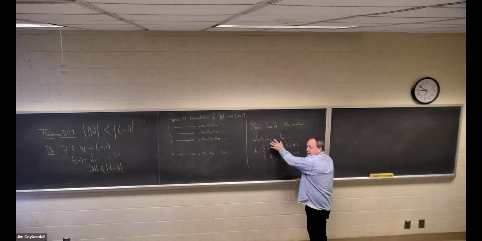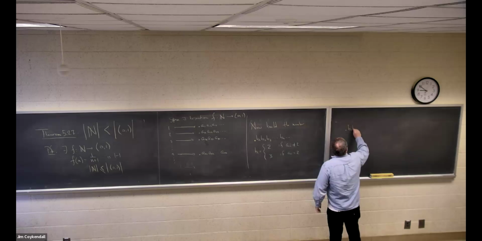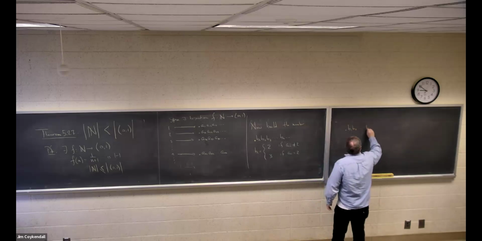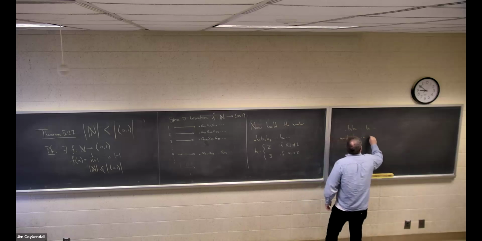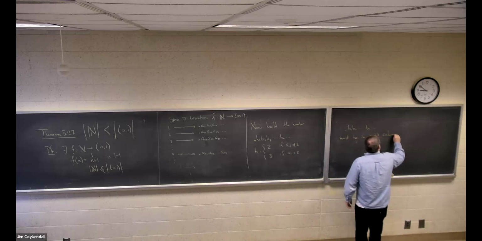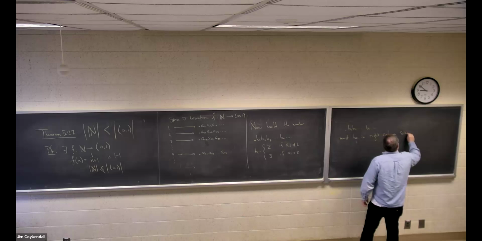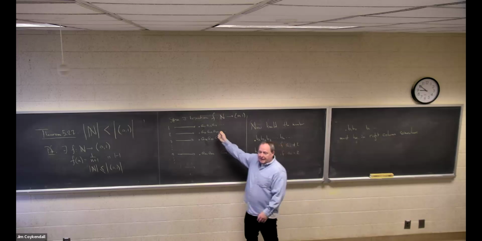So this is unique, right? B1, B2, ..., Bn forever must be in the right column somewhere, because this map's supposed to be onto.